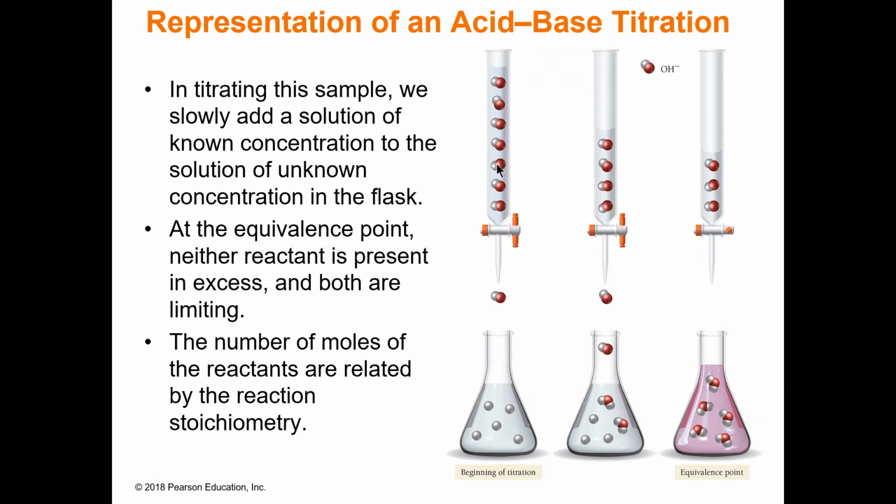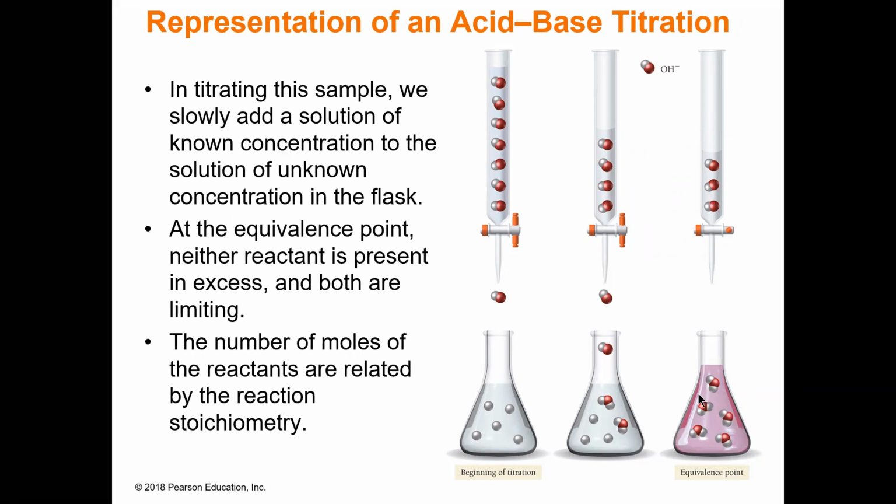At some point, you will pour enough of this base into your acid where every single H plus is combined with an equal amount of OH. So you get to a neutral pH, or you reach what's known as your equivalence point, where there isn't more acid or more base. They are equal to each other.